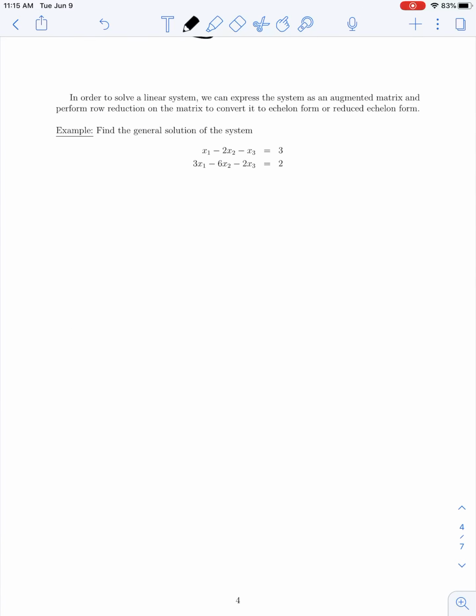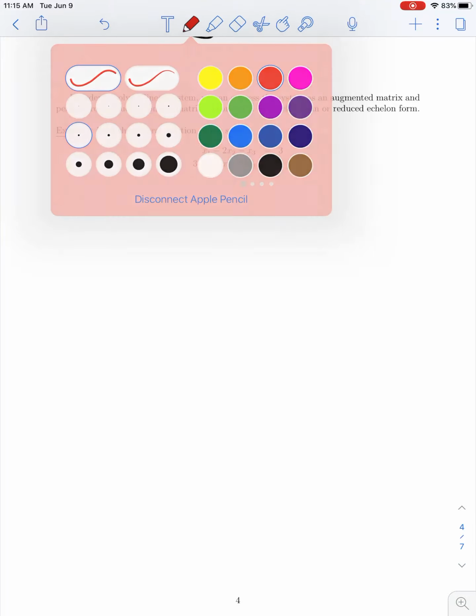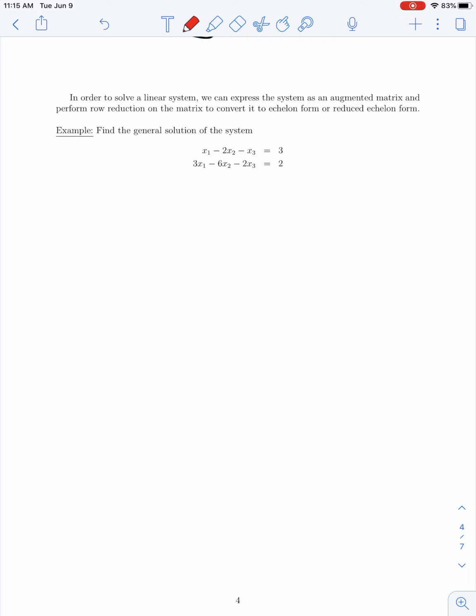So let's look at some applications here. We've actually already seen some applications of this row reduction algorithm when we were solving linear systems in section 1.1. We just didn't have the terminology of an echelon matrix or a reduced echelon matrix. But the process that we were using in section 1.1 to solve linear systems is the following algorithm.